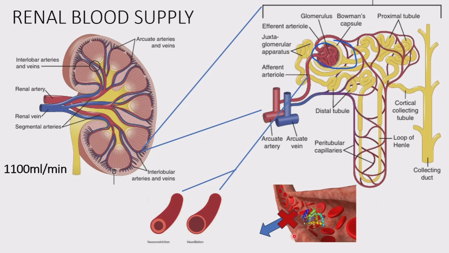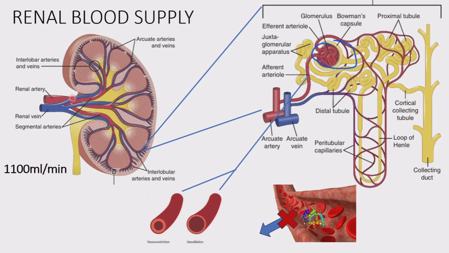Normally, about 1,100 ml per minute of the blood goes to your kidney, roughly about 22% of the total cardiac output.